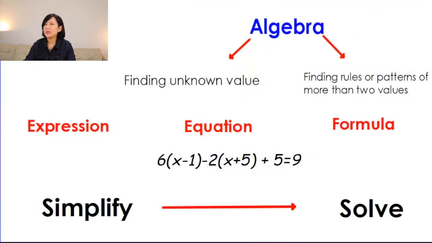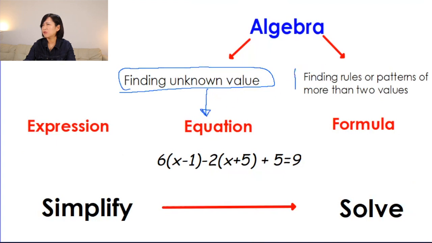Now, since we've been talking about the meaning of algebra, then the important terms: expression, equation, and formula, right? As you can see, a meaning of algebra can be linked to some important vocabularies. For example, the first meaning, finding the unknown value, that is actually linking to equation.